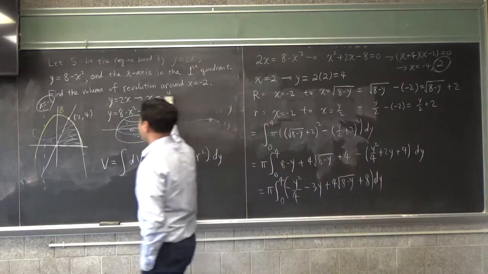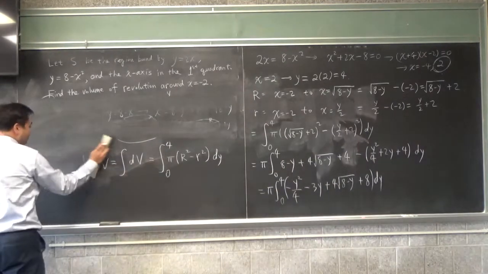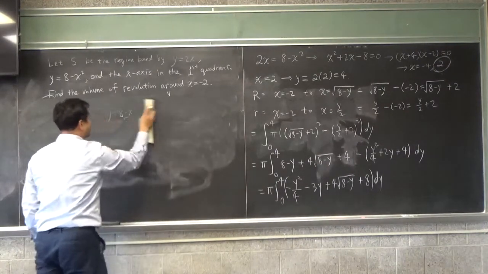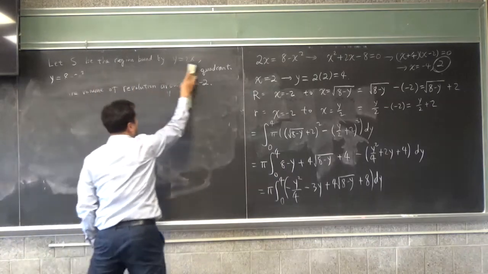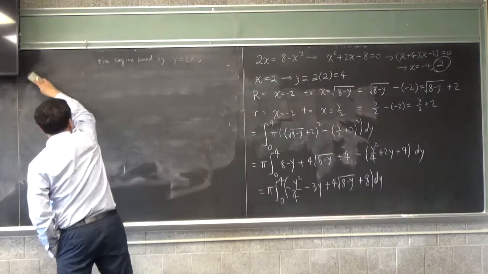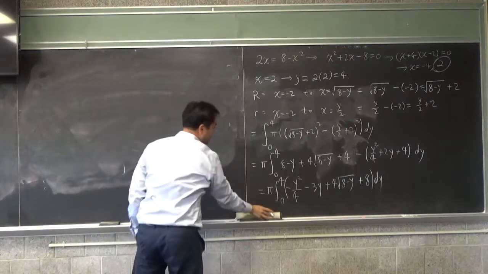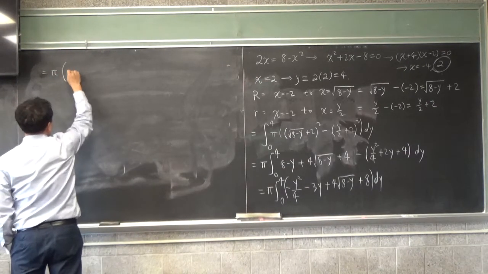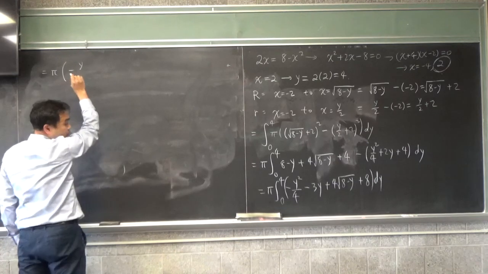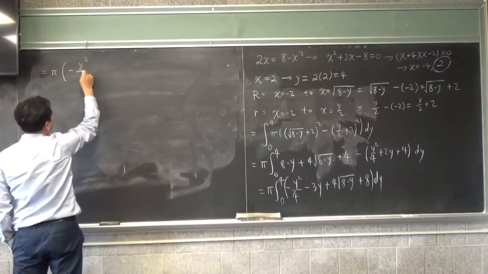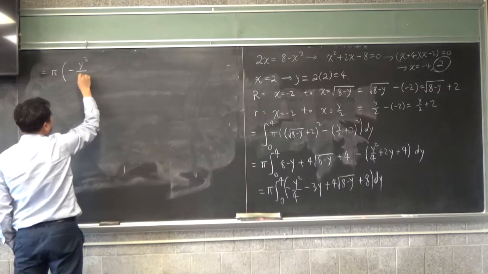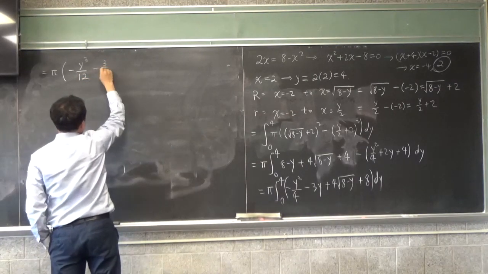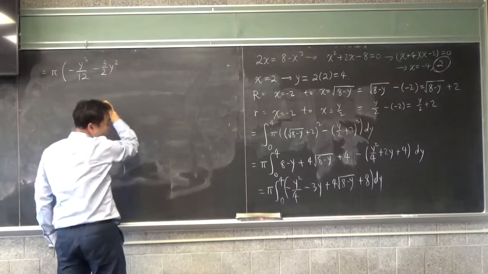So let me erase here to continue the calculation. It'll be pi times negative y to the third over 3, 3 times 4 is 12, minus 3 over 2 y squared.